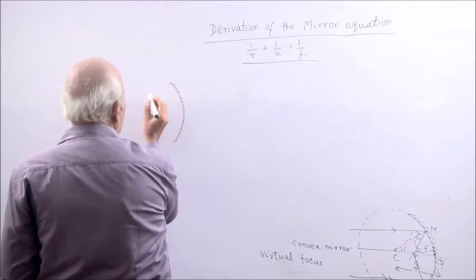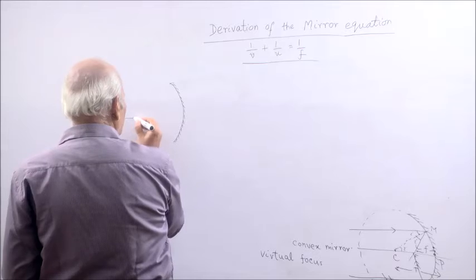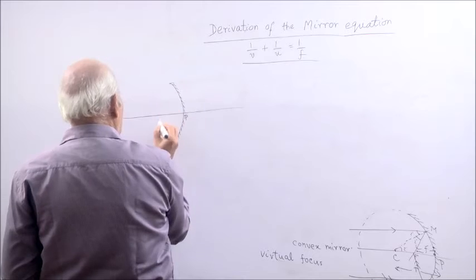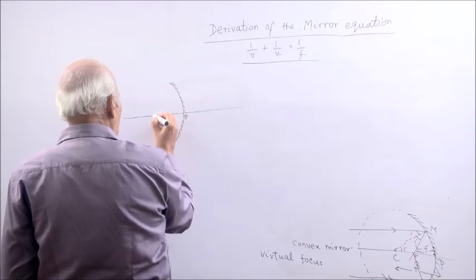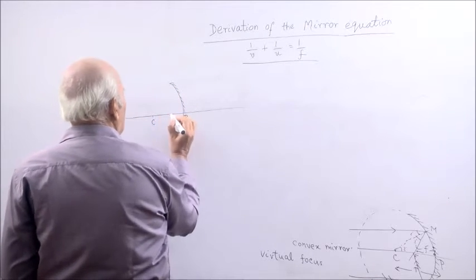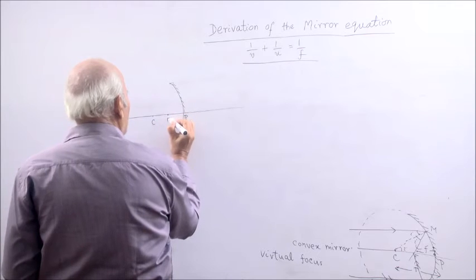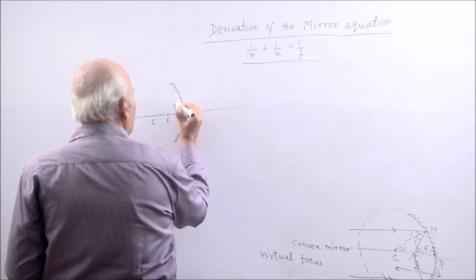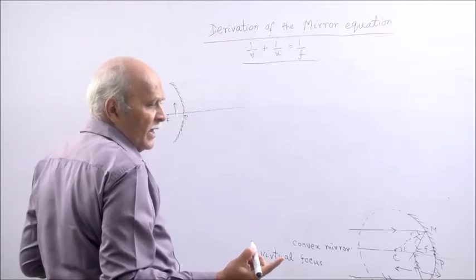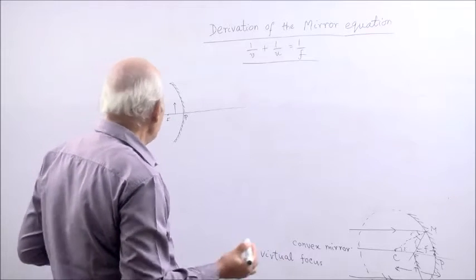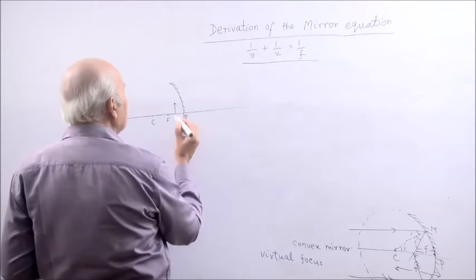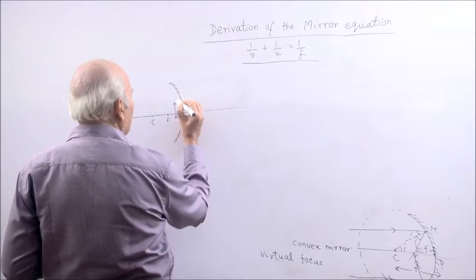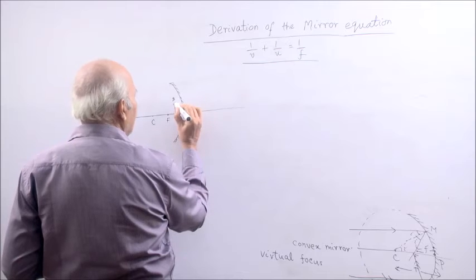So, this is your concave mirror, this is your pole, and this is C, F. If the object is between F and P, this image formation is described in class 10 in detail, so I am not repeating it. Suppose this AB is your object.